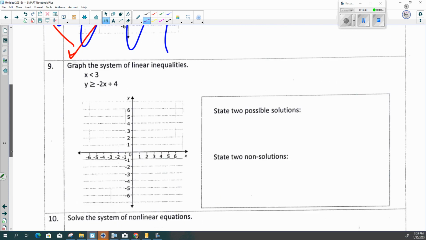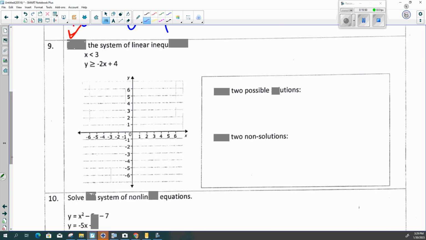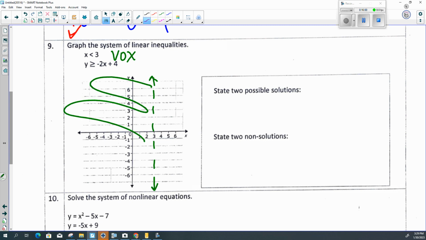Okay, graph the system of linear inequalities. Vertical on x, and it is dashed again. X is less than 3. Let's hit our +4 for my y-intercept, and rise -2, run 1.